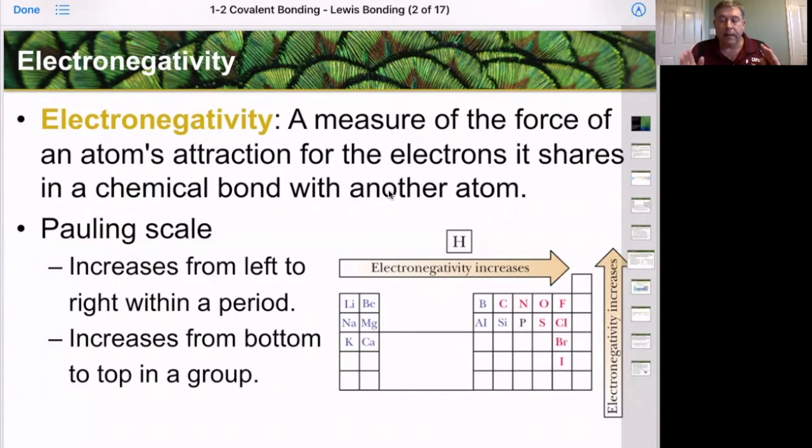Okay. So now that we know that electronegativity increases as we move up and as we move over, and that fluorine is our most electronegative atom, let's talk about the relative spacing of what we can have happen in this region where we have carbon. Okay.